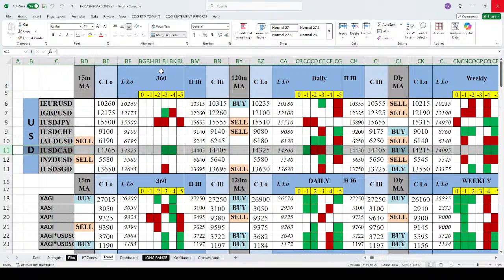But when we compare the moving averages, 15-minute is flat, 120 is flat, daily is buy. So the hourly and 15-minute are still flat, which means to say we may have seen the high or we may see the high soon.